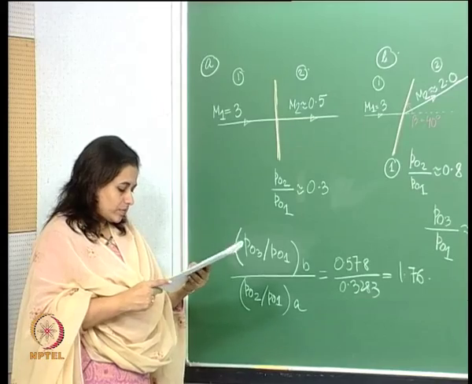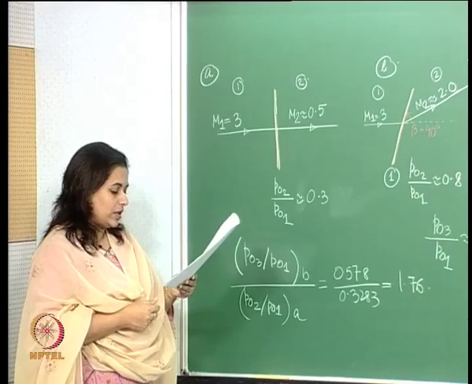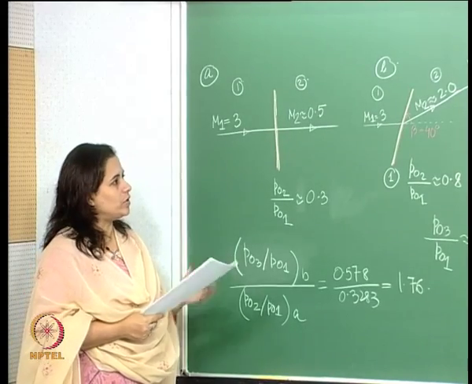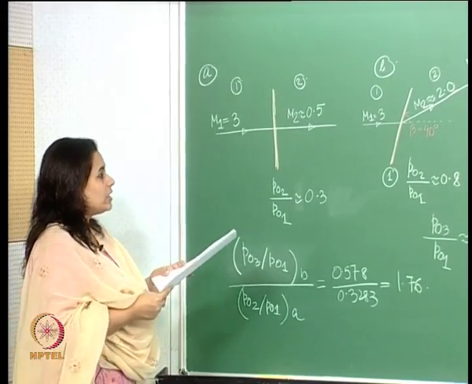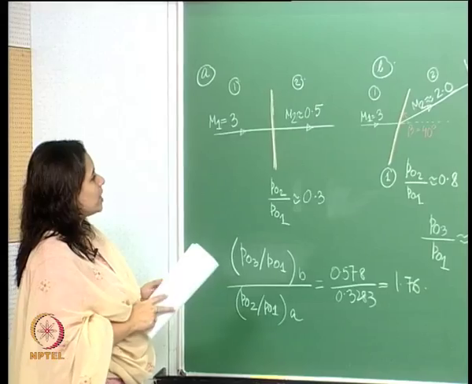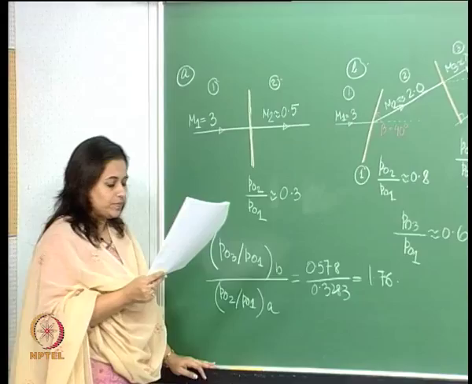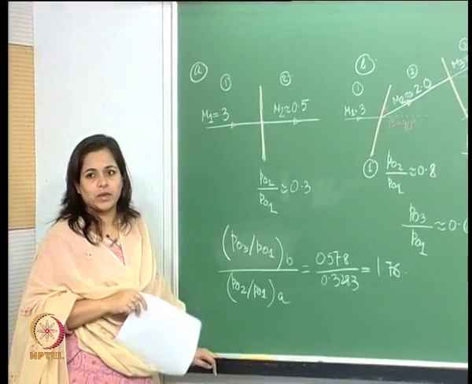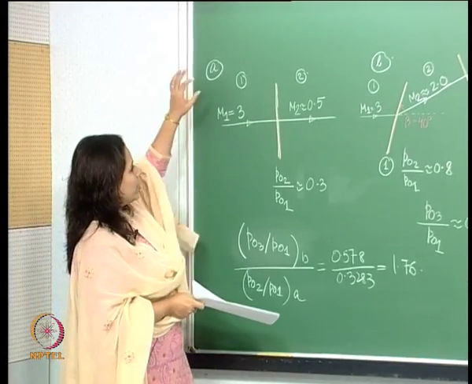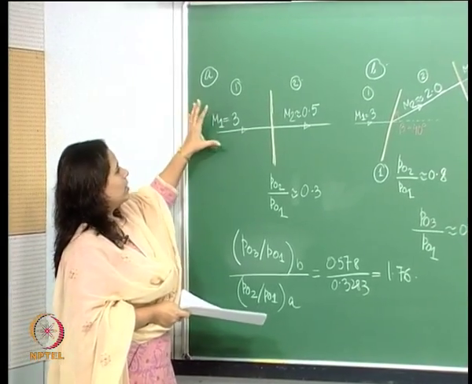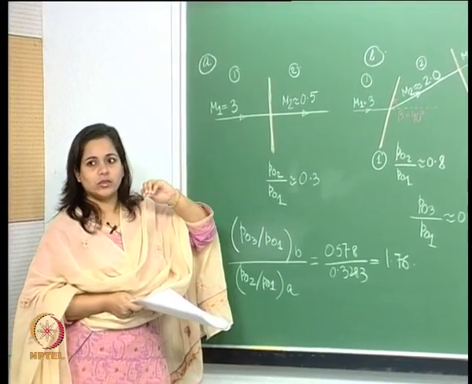Okay. Also, if you go and scrutinize the tables a little more, if you increase the upstream Mach number, the total pressure decreases. If this Mach number is increased, the total pressure decreases, if you look at the normal shock tables.